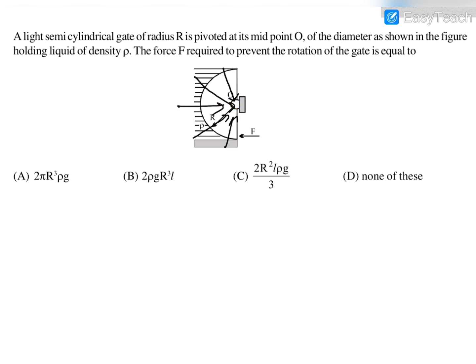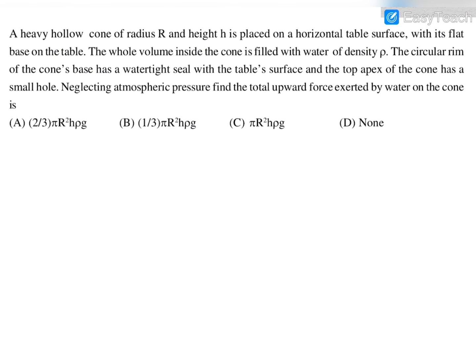So there is no torque which is trying to open the gate, and therefore no F is required in order to prevent this gate from opening. So the correct answer will be D, which is none of these, because F should be 0 and there is no such option in the question. So the correct answer will be D.